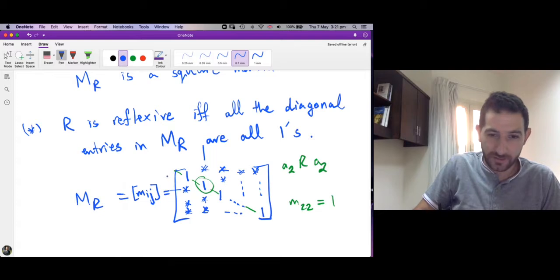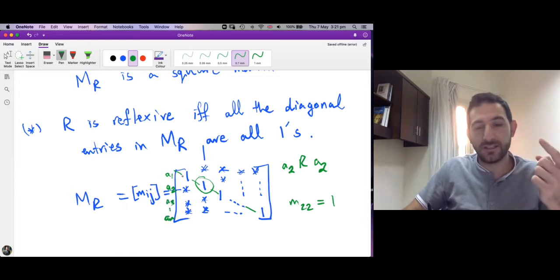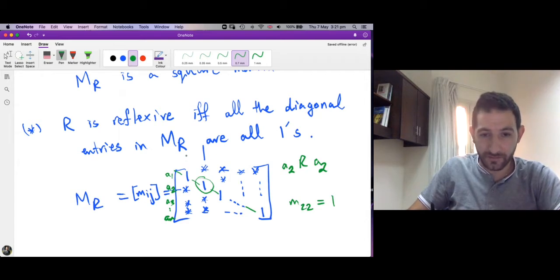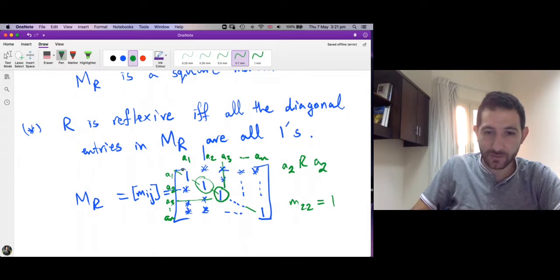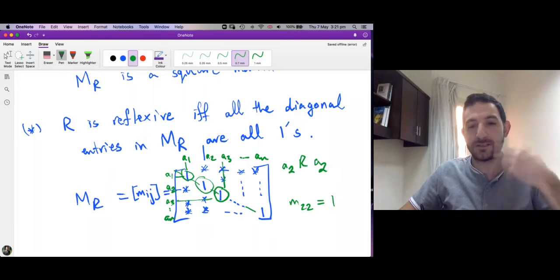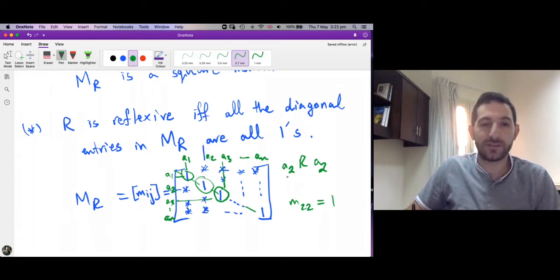Remember, the first row represents A1, A2, A3 up to AN, and since it's a relation from A to itself, the first column also represents A1, A2, A3 up to AN. So this one means that A3 is related to itself. This one means that A1 is related to itself. So every element in A is related to itself, which means the relation is reflexive.